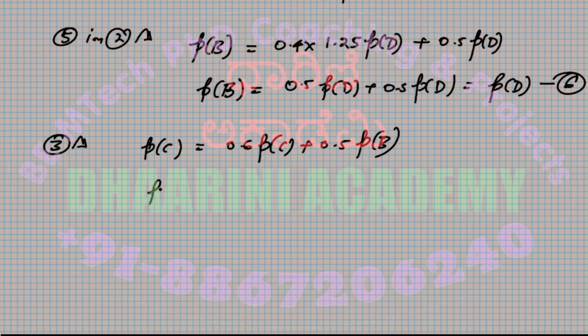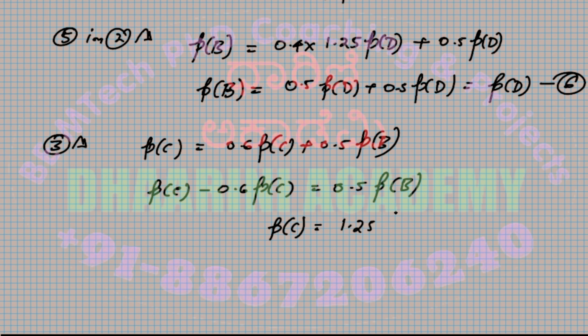So P of C minus 0.6 P of C is equal to 0.5 P of B. I think we are going to get the same relationship once again, which we got between A and D. So P of C is equal to 0.5 by 0.4, that is 1.25 P of D. So that is equation number 7.